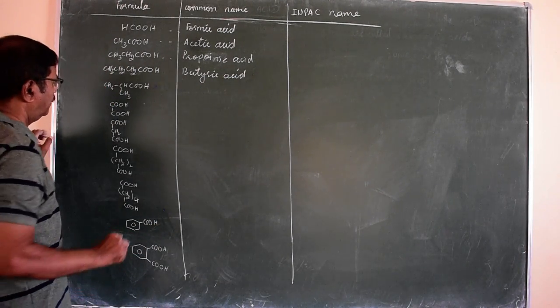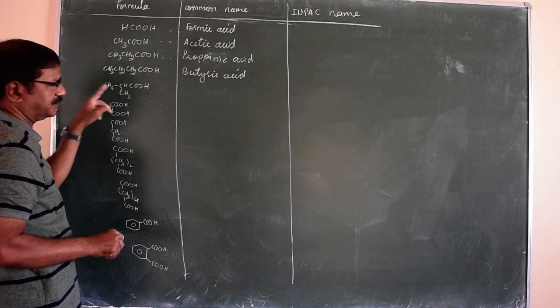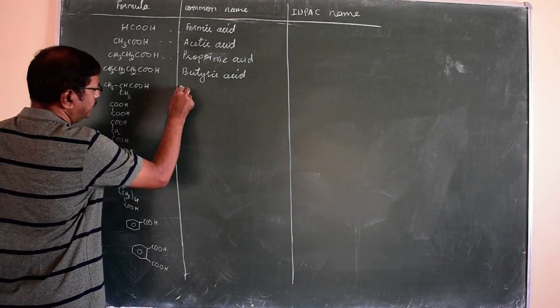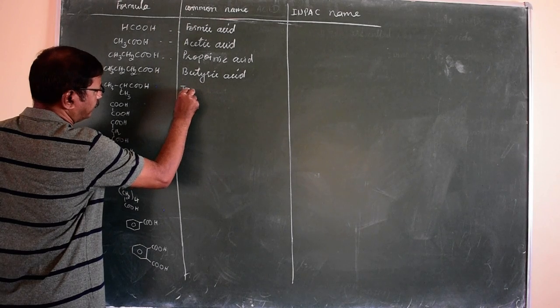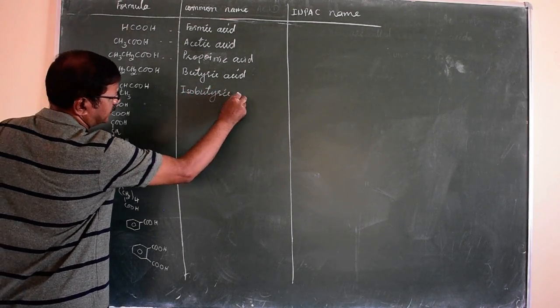Then we have this group called iso. We know CH attached to 2 CH3 is iso, so it's isobutyric acid.